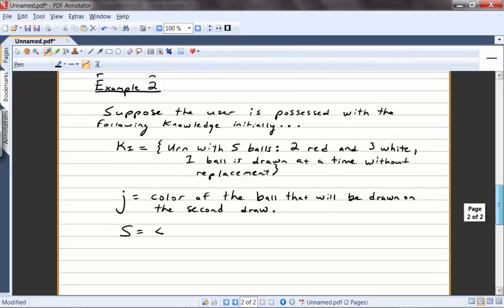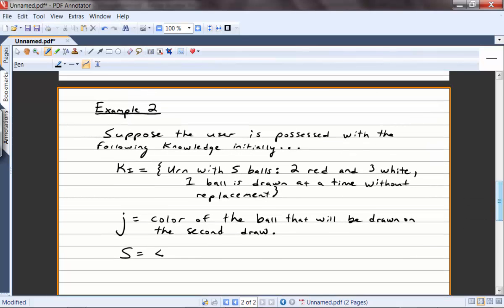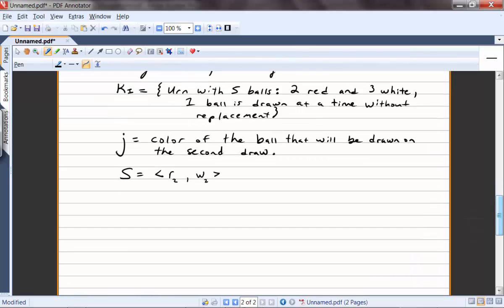According to the knowledge that I gave you, that the user possesses initially, what is the state set if this is the variable of interest? What color could the ball be that will be drawn in the second draw? There are only two possibilities, right? It's either going to be red or it's going to be white. We'll label it R2, W2 to represent it's either red on the second draw or white on the second draw. All right?